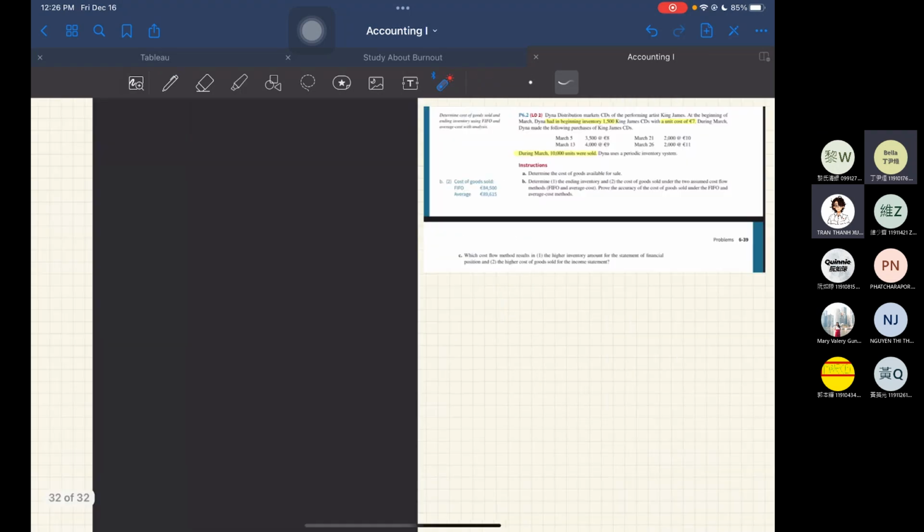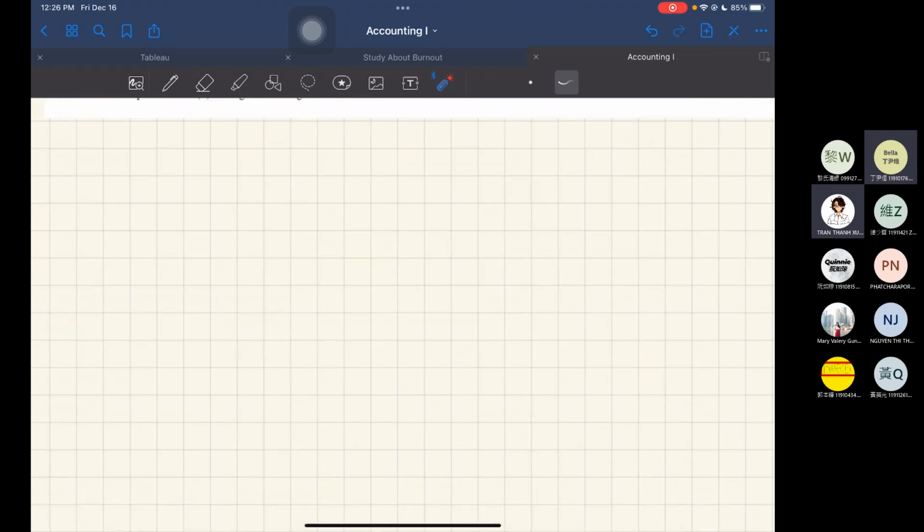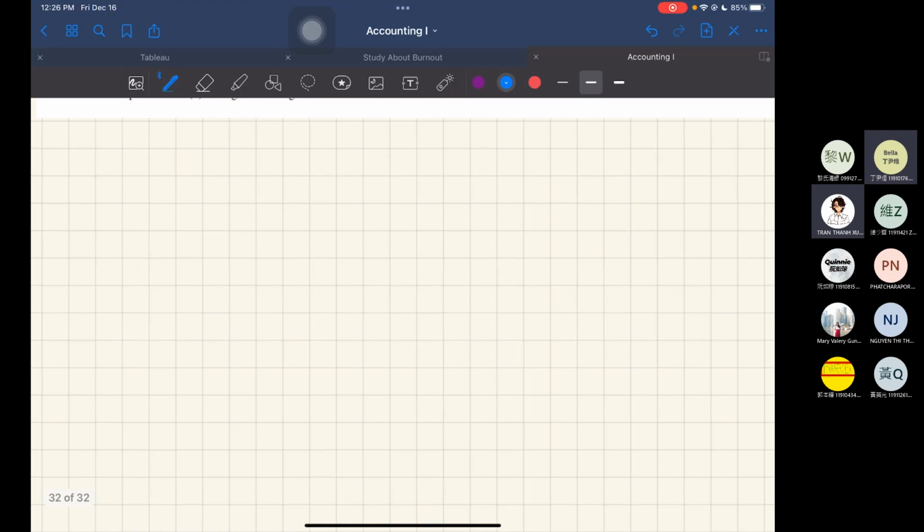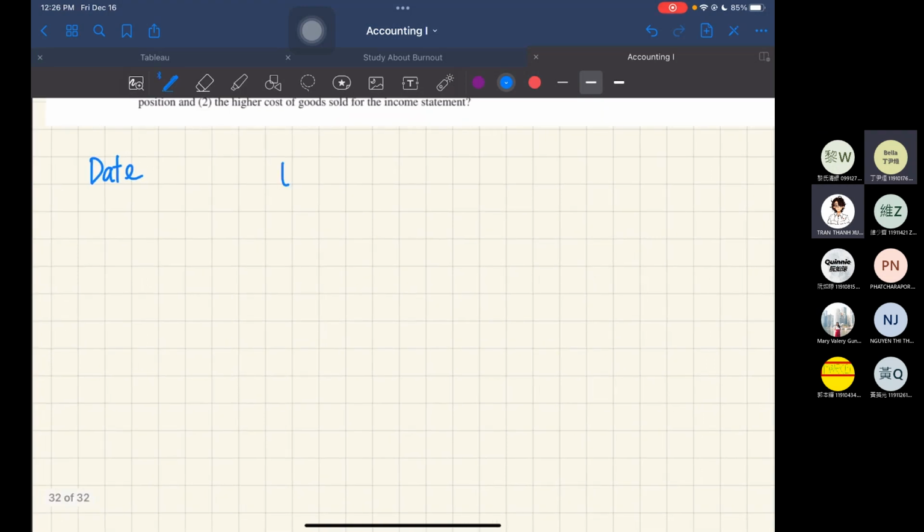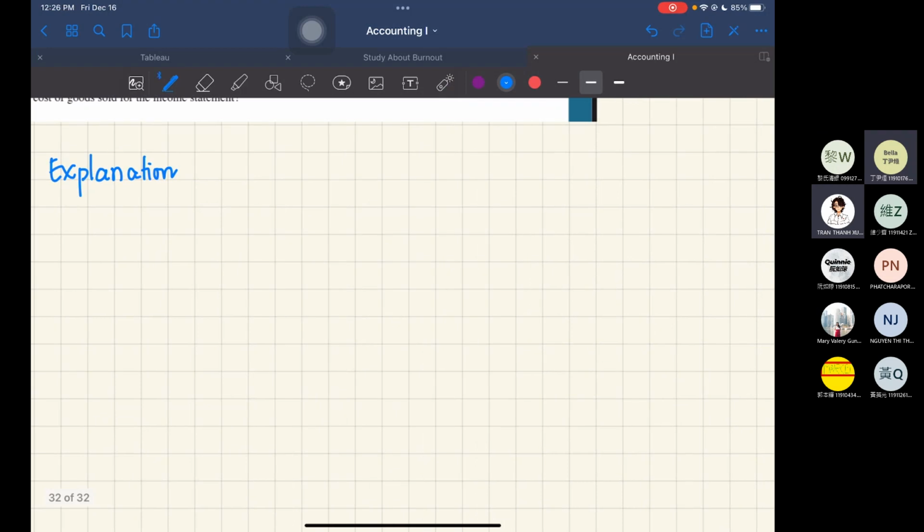This will make it easier to double check. Everyone follow me to do this. In the explanation column we will write beginning inventory, purchase or sold, then units.